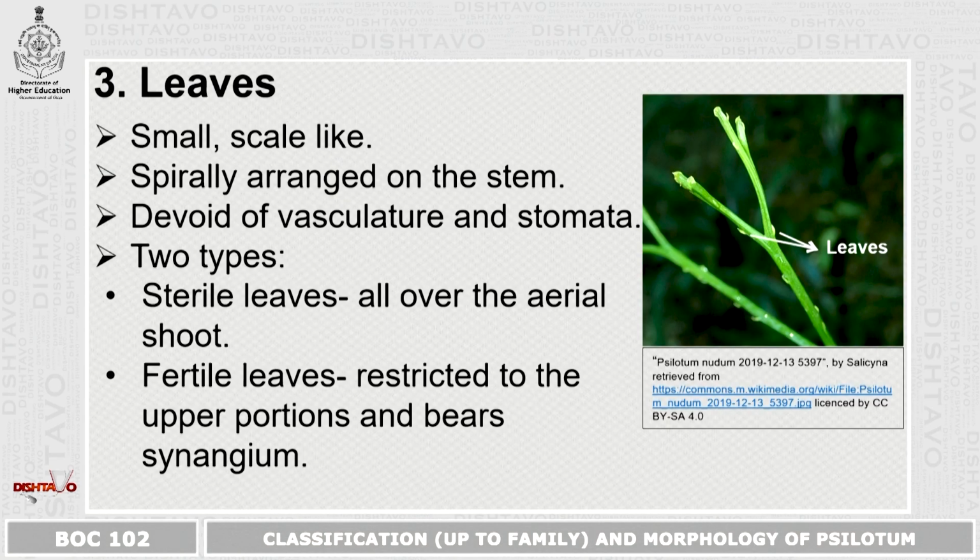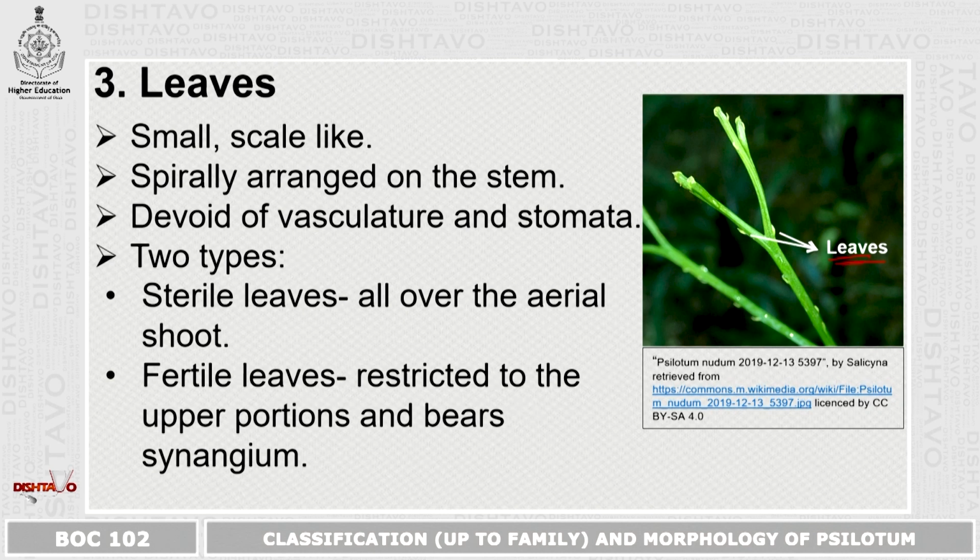Next part is leaf. Here you can see these are the leaves. They are small, scale-like and spirally arranged on the stem. They are devoid of vasculature and stomata.